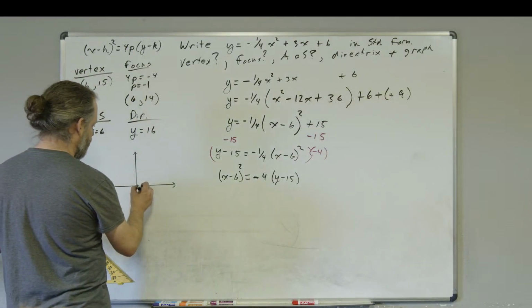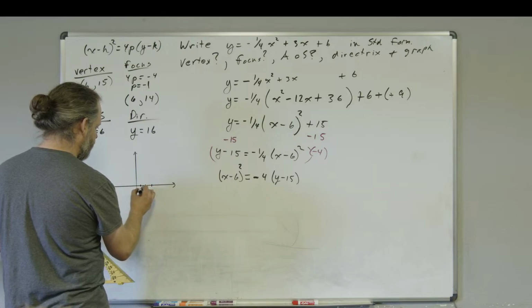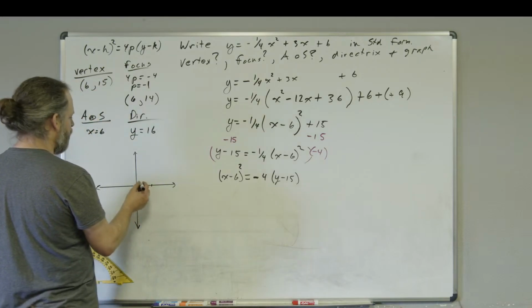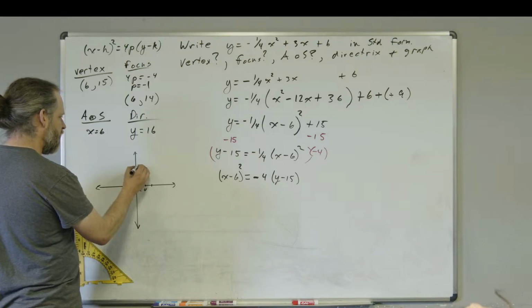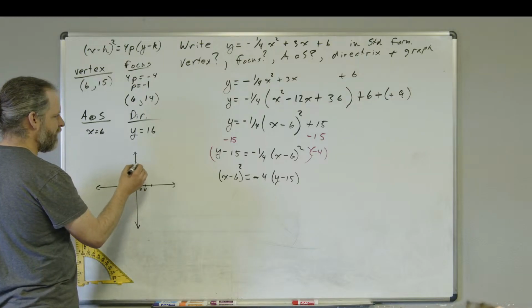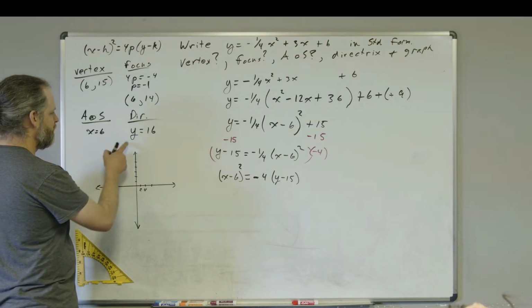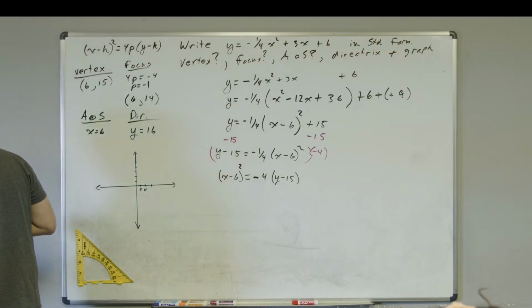So we go over 2, 4, 6, up 2, 4, 6, 8, 10, 12, 14, 16. Should be a Y equals, because it's a line.